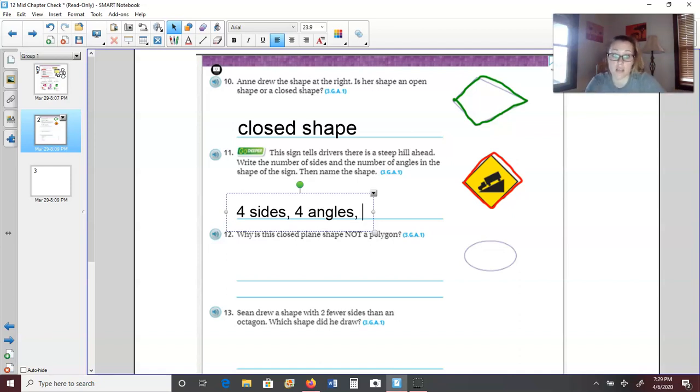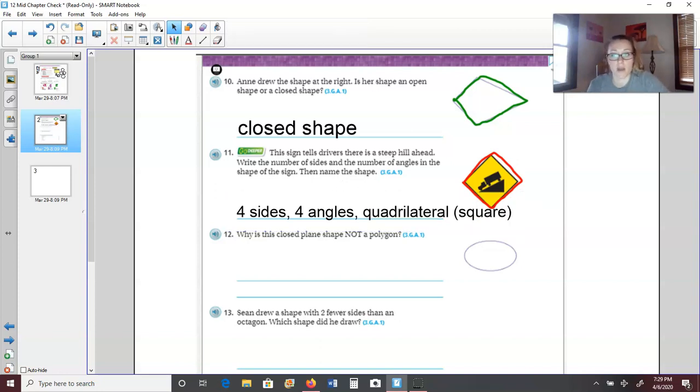Now, this actually has a very special name because all of the sides are the same and it has all right angles and opposite sides are parallel. So we, yes, would call this a square, but there's another name for any 4-sided figure. It's that really big long one that starts with a Q, a quadrilateral. And just for fun in parentheses, I'll put square because you're not wrong.